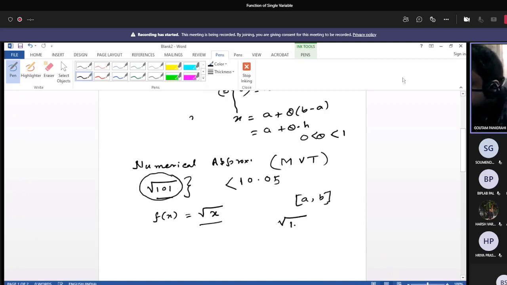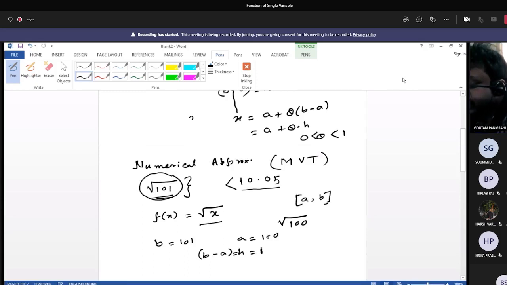Suppose root over 100 is known to you, and root over 101 you have to approximate as less than 10.05. So b is 101, a is 100, so b minus a, or h, equals 1.